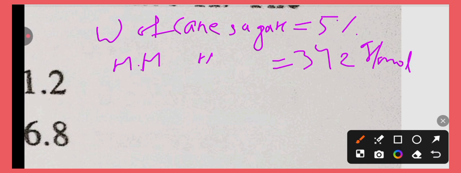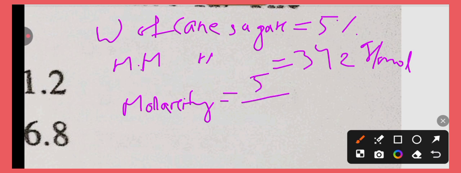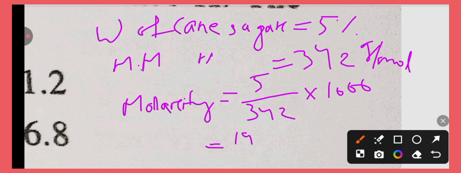Using the formula, molarity of cane sugar is 5 divided by 342 into 1000, which is equal to approximately 14.62.